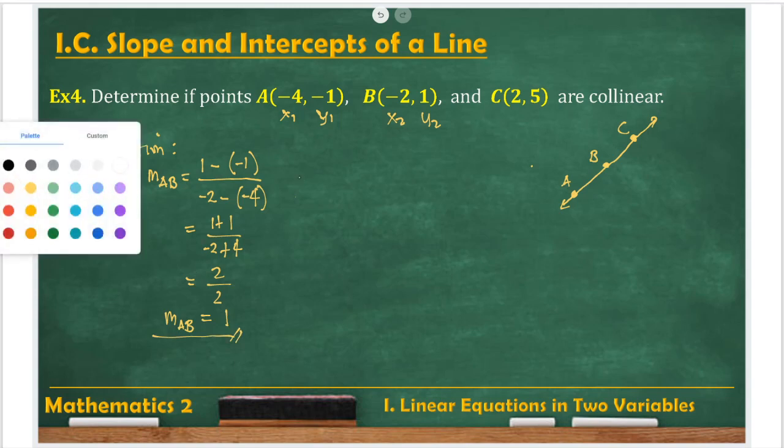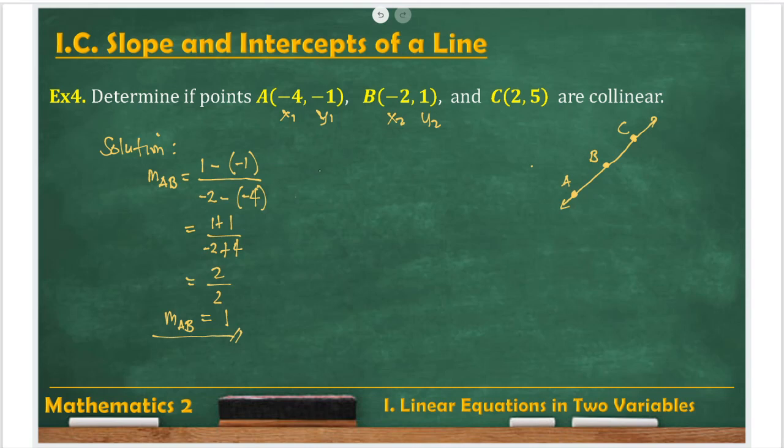So now let's try to solve for the slope of the line passing through points B and C. So we write M sub BC. Okay, so for the slope of the line through BC, suppose our x sub 1 is negative 2 and y sub 1 is assigned to 1, and the x coordinate of C is x sub 2 and 5 is y sub 2.